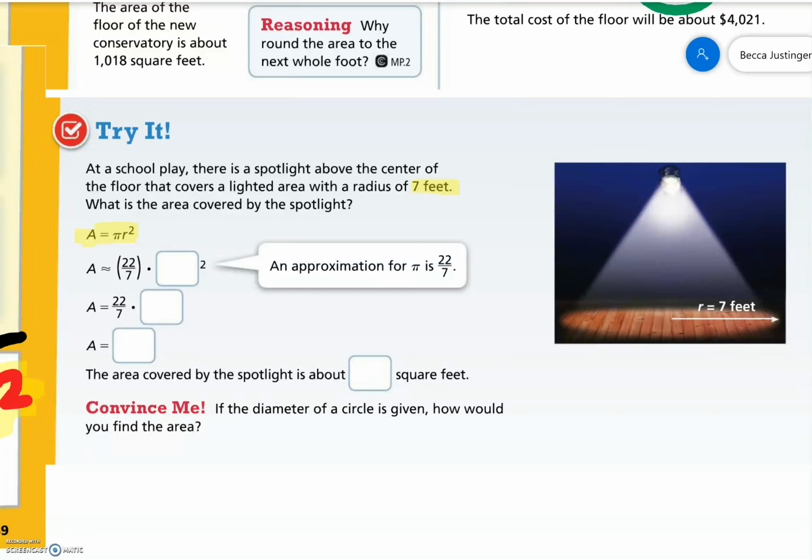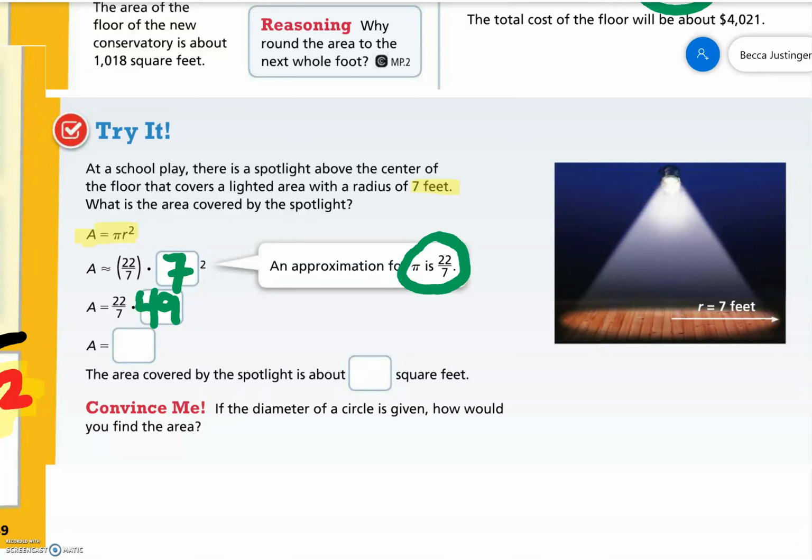The second step is to plug in anything you know. They want us to use 22/7 for pi. That is approximate to 3.14. And then we plug in the radius, so 7 squared. PEMDAS tells me to do 7 squared first. That gives me 49.